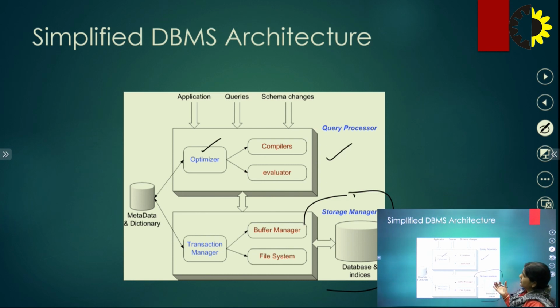So, this is basically a simplified DBMS architecture showing how a database management system works, in which we have a query processor which processes the different queries based on the databases or indices present in the storage manager, and this cooperates in a bidirectional way with this particular part of the architecture.